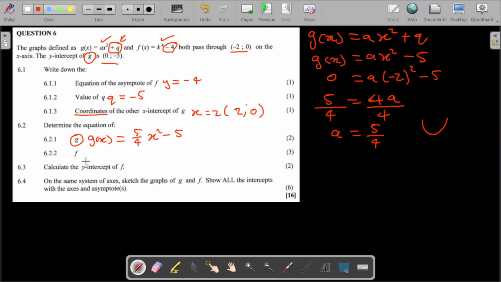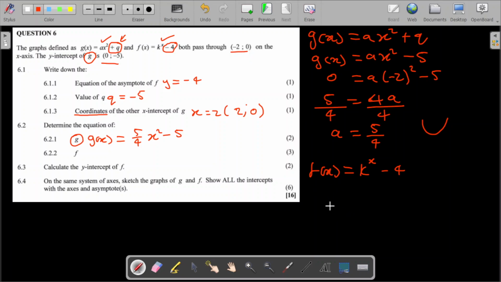Now finding the graph of f. Now this is my f. So my f of x is equal to k times the exponential, x minus 4. Now in terms of the points that I can use in order to find the k value, let's use this point that is here.